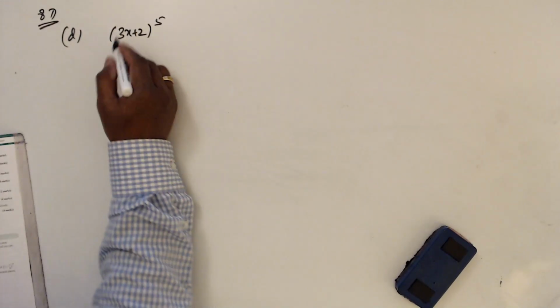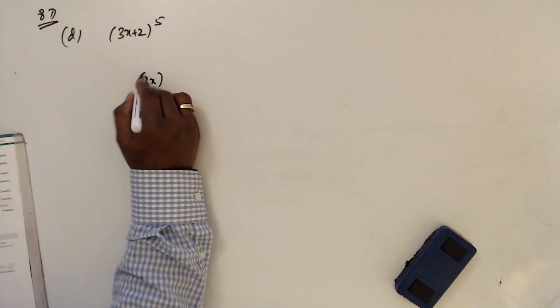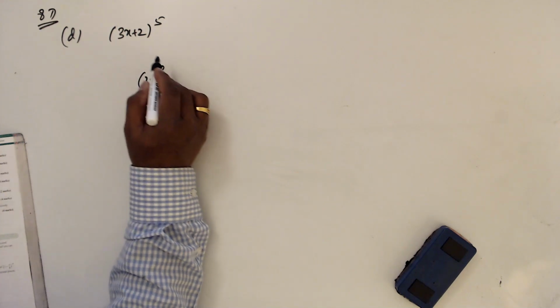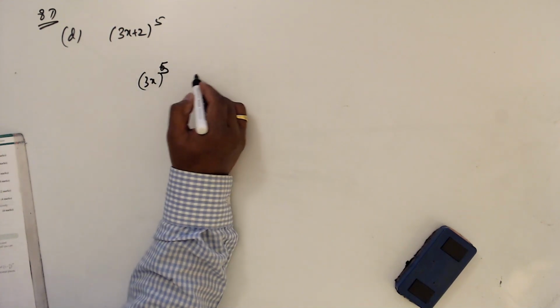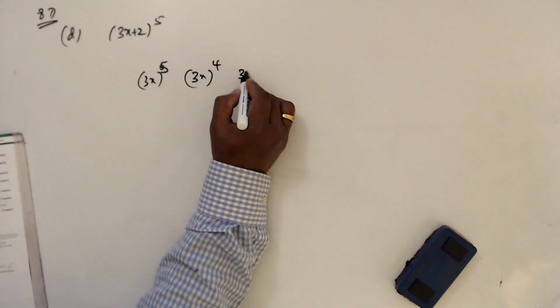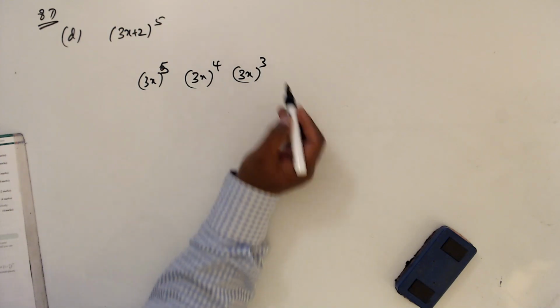D, when you look at this, the first term is going to be 5, and the second term is going to be 4, and the third term is going to be 3.